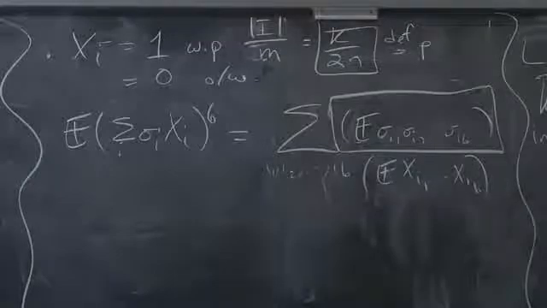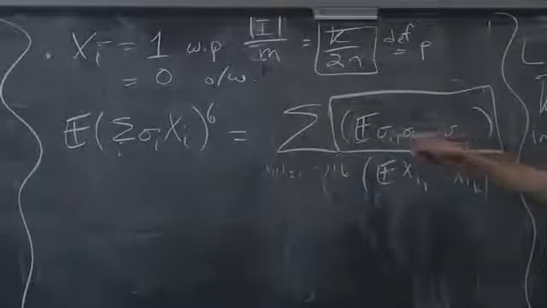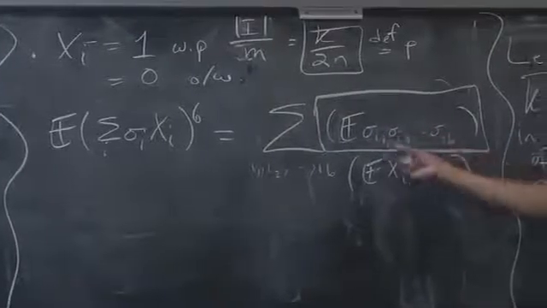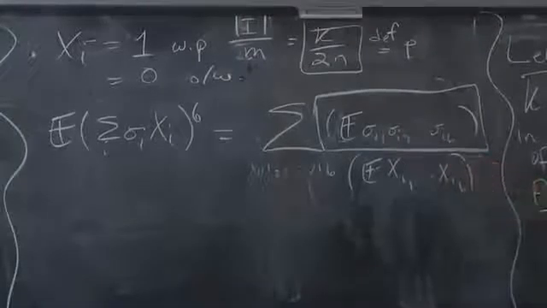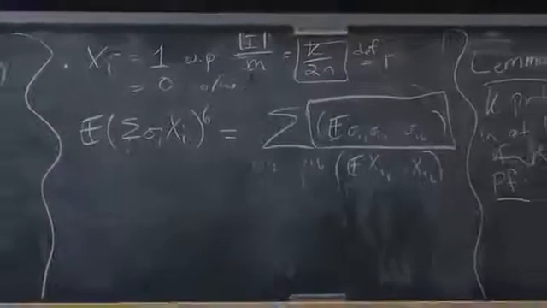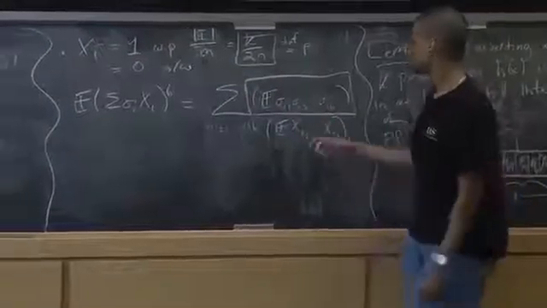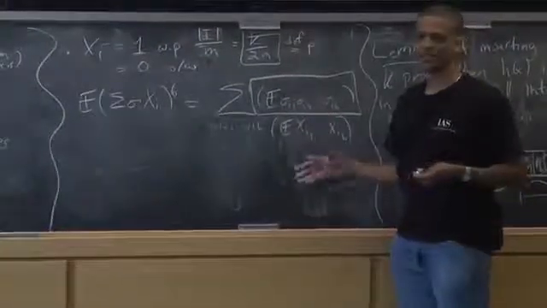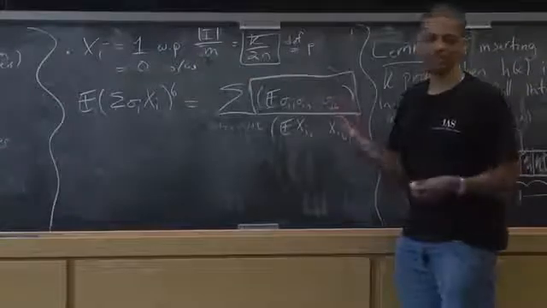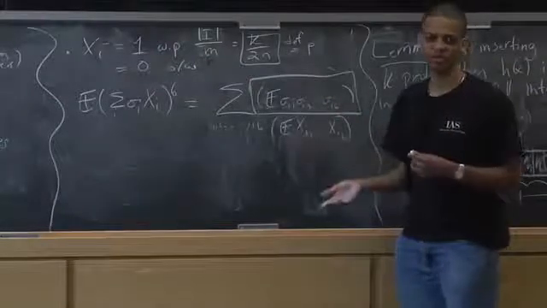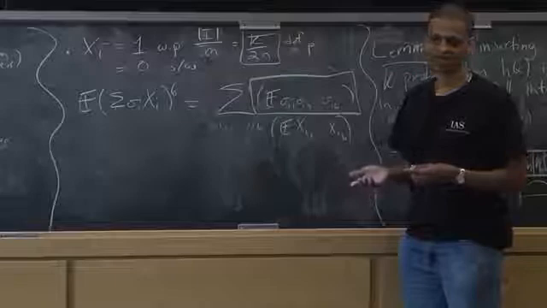Yes. Every one of these indices i, so there's i1 up to i6, some of these i's might equal each other. But if you look at the distinct i's that appear here, each one should appear an even number of times. So the situations are all appear twice, or one appears 6 times, or one appears 4 and one appears 2 times. I think those are the only situations.